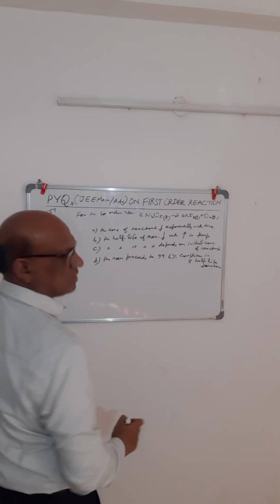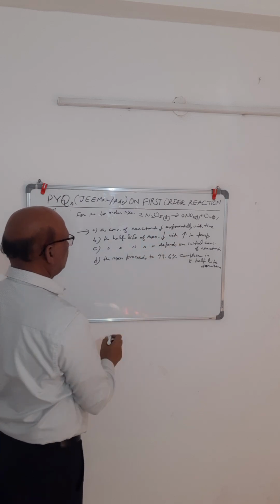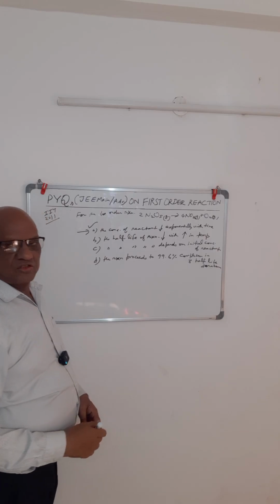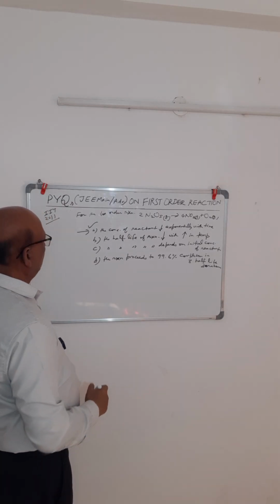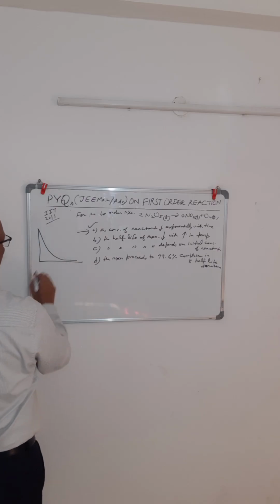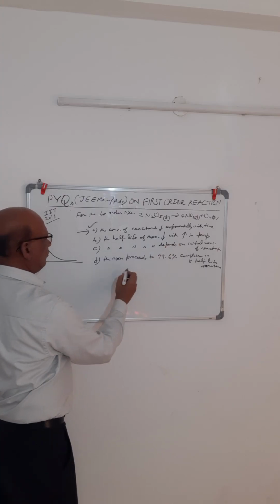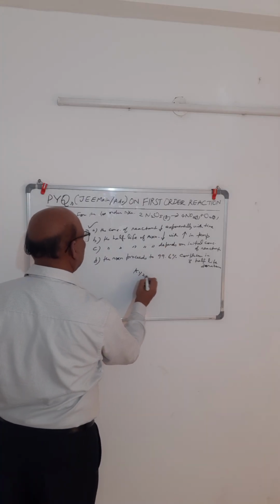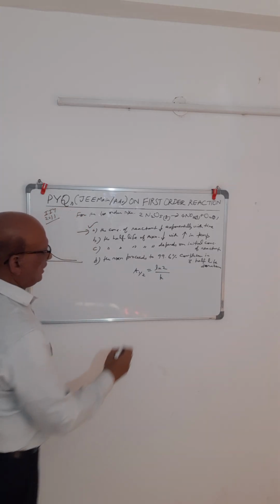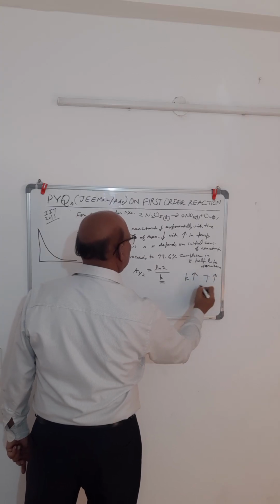Okay, so let us go one by one. The first is the concentration of reactant decreases exponentially with time. So this is correct because we know for first order reaction the concentration of reactant decreases exponentially with time, like this. Now the half-life of reaction decreases with increase in temperature. We know the half-life for first order reaction is nothing but ln2 by k, and we know that rate constant k increases as the temperature increases.